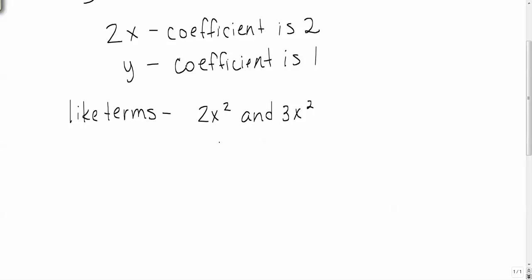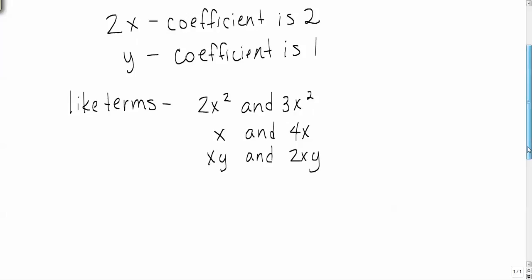Also, if you had x and 4x, those are like terms. If you had xy and 2xy, those are like terms. They just have to have the same variables with the same exponents. Now, if you had something like 2x squared and 3x, those would not be like terms because they don't have the same exponents.